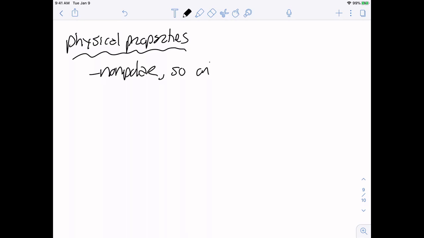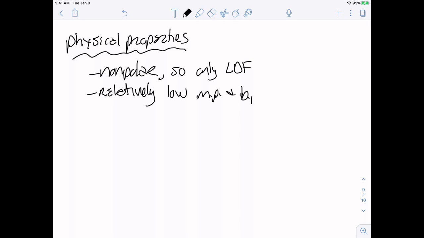So only London dispersion forces between one alkene and another alkene. So they're going to have relatively low melting points and boiling points. The melting point and boiling point do increase as the number of carbons increase.